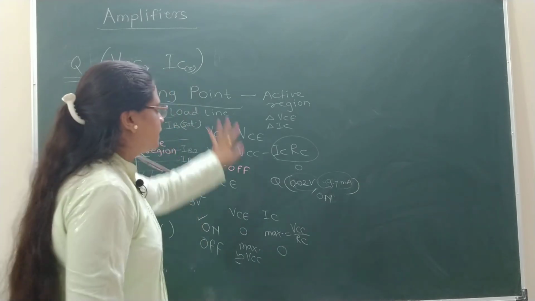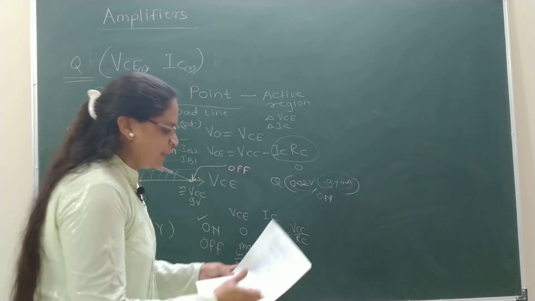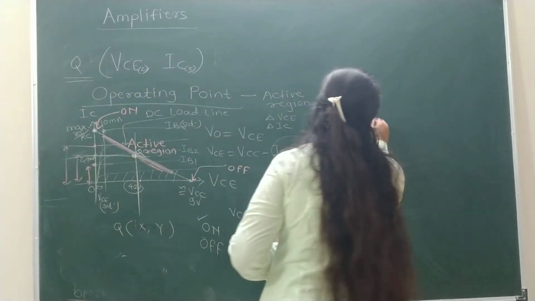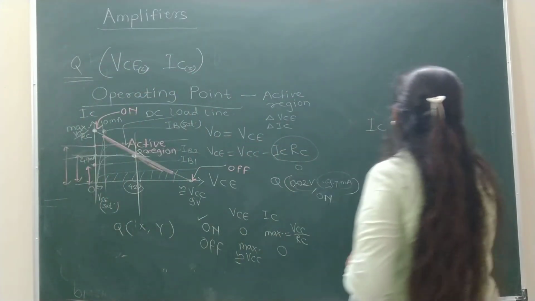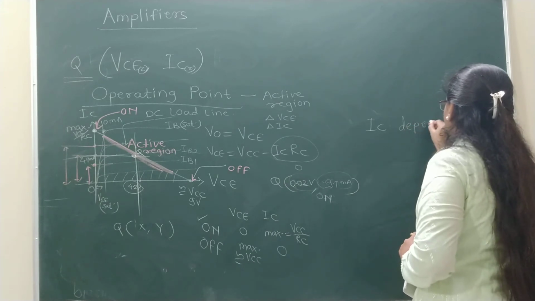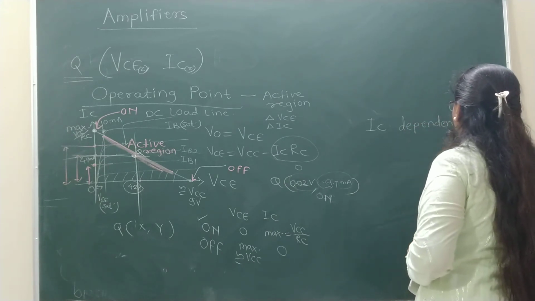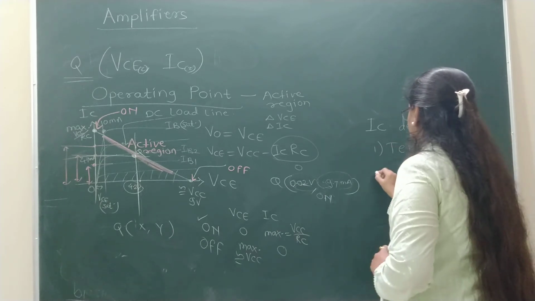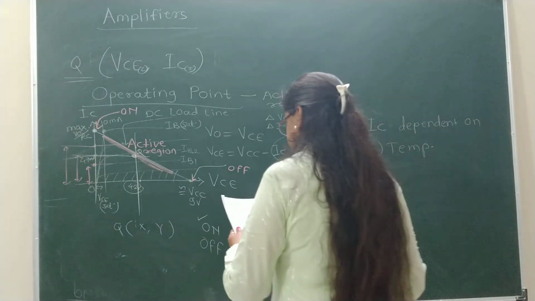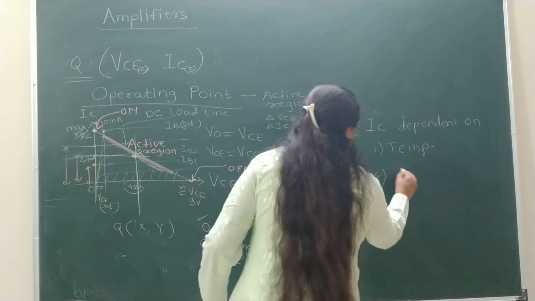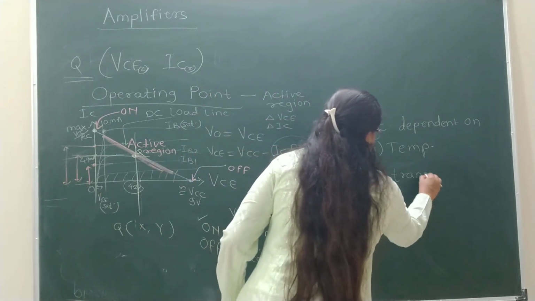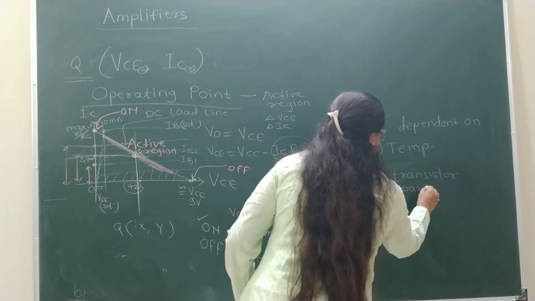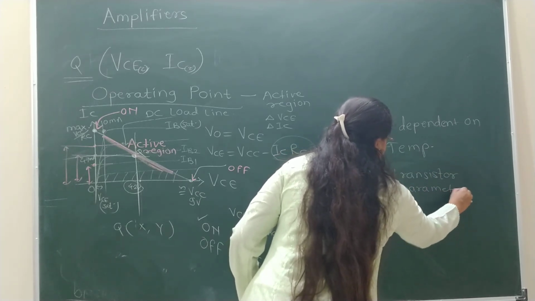And for that, we must know the dependency of IC. Collector current is dependent on, first, temperature. Temperature वर अवलंबून IC बदलू शकतो. And the second parameter is the transistor parameters, meaning the transistor is replaced by another of the same type, then the VB level may change.